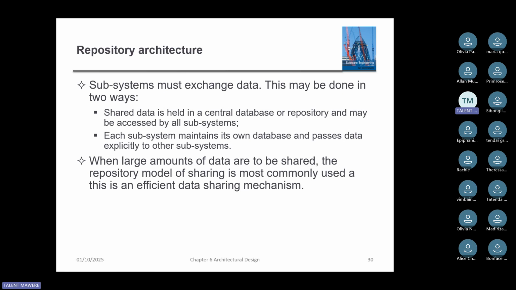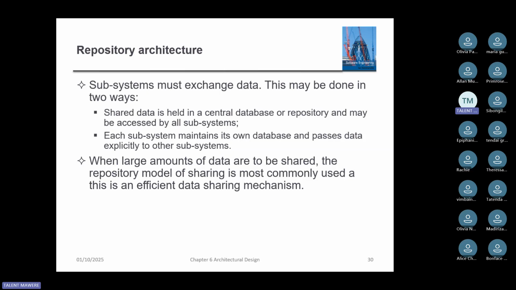Then we also have another architecture called the repository architecture. In the repository architecture, subsystems must exchange data. And this exchange of data can be done in two ways. One, shared data is held in a central database or repository and may be accessed by all subsystems. Or each subsystem may maintain its own database and then pass data explicitly to other subsystems that might have requested it.